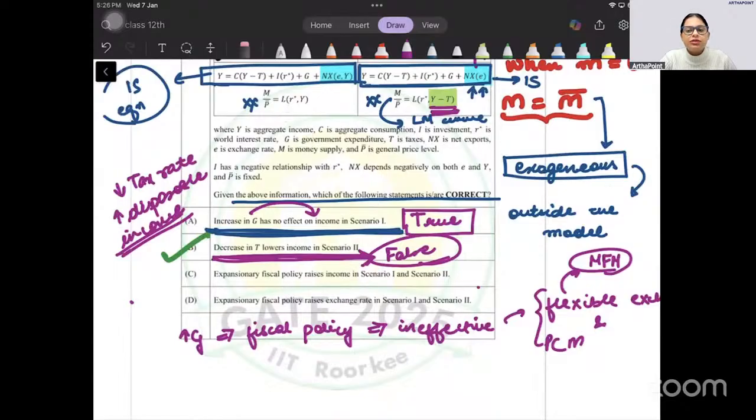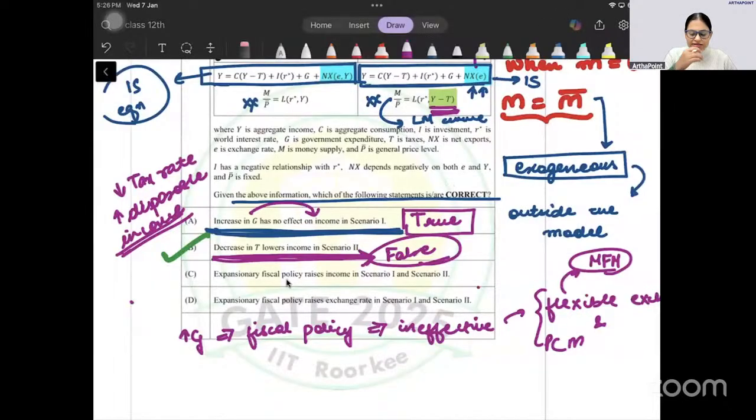What about statement number 3? Okay. Fine. So let's see it together.